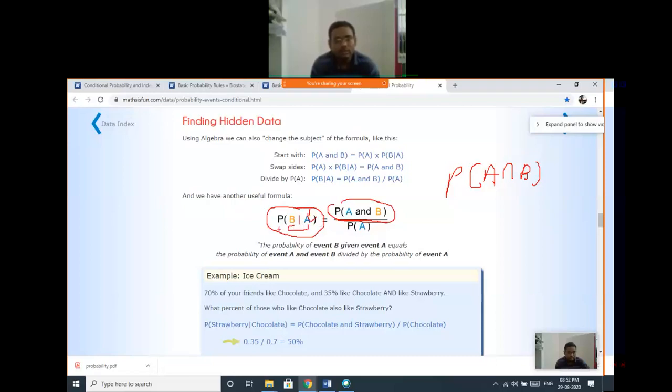So we can also read it as probability of B given A. So the probability of event B given event A is equal to the probability of event A and event B, this intersection, divided by the probability of event A. So whichever is coming as a given thing, that probability you have to put in the denominator. Okay, so we'll discuss Bayes theorem with this conditional probability.